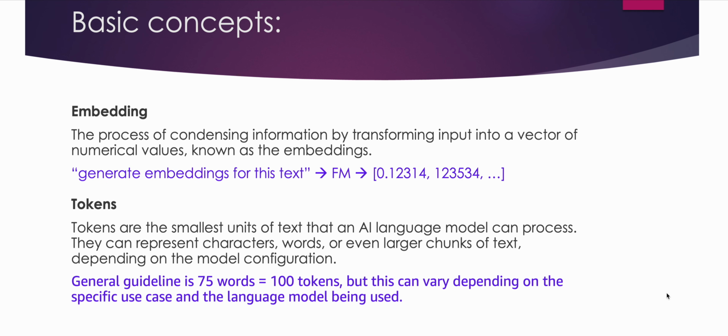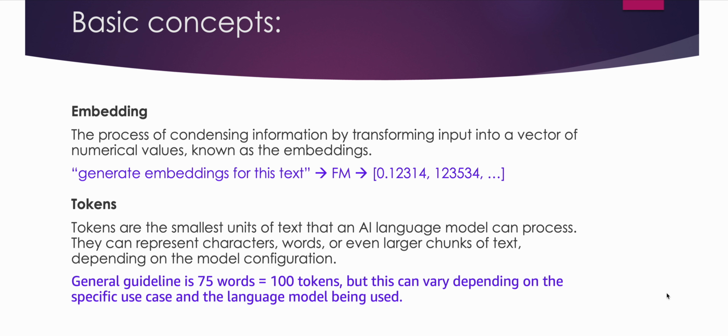Alright, so let's look into two more basic concepts. One is embeddings. So what are embeddings? This is used in terms of vector databases and when we are doing similarity search. So you'll hear this term embeddings a lot. Embedding is the process of converting the input data, passing it through a foundational model, to a vector representation.